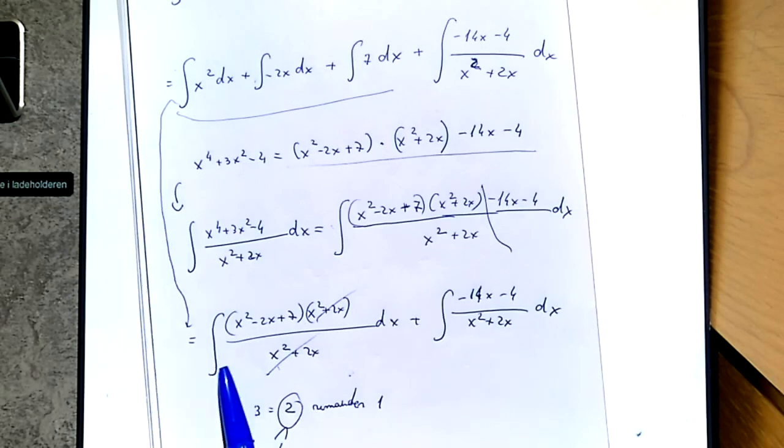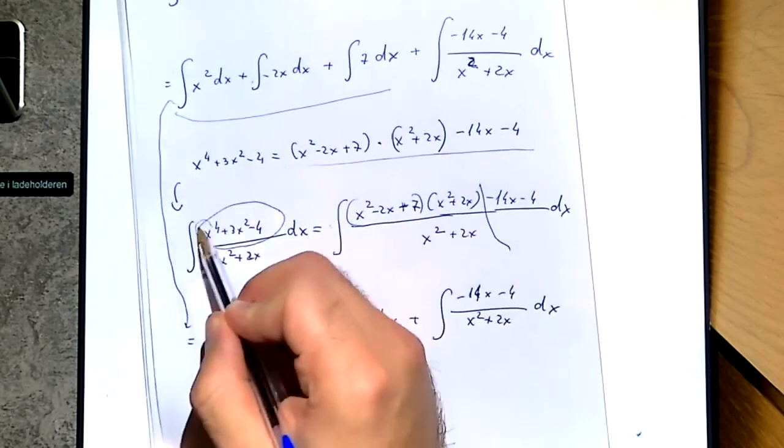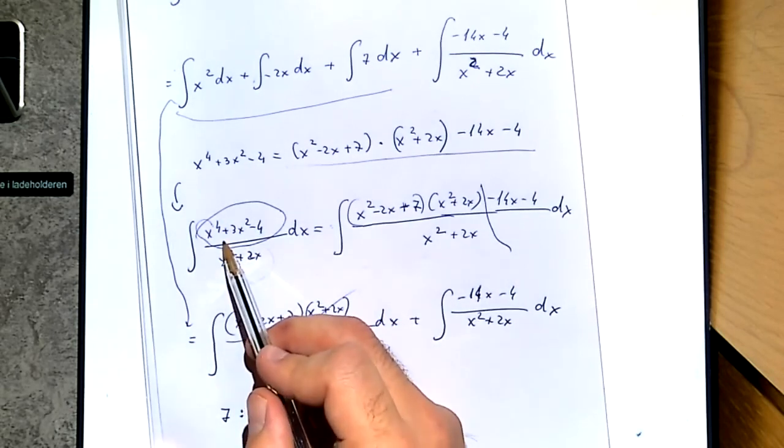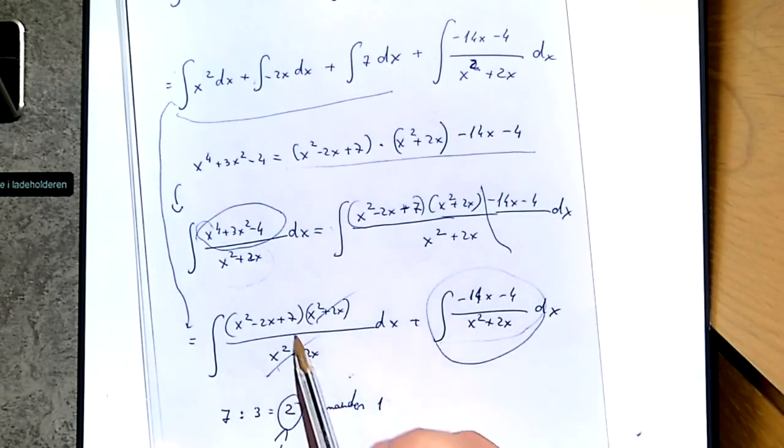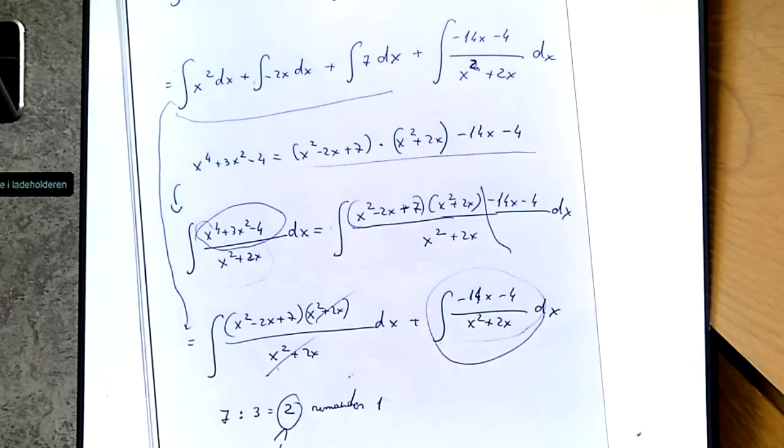So you're basically dividing this big polynomial by this smaller one, and you get a remainder, which is this, and the result of your division.